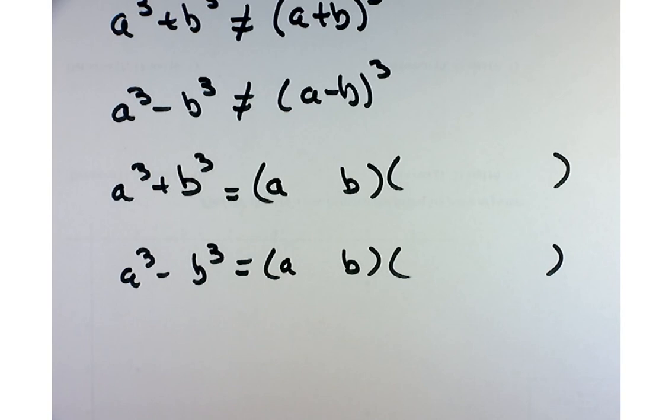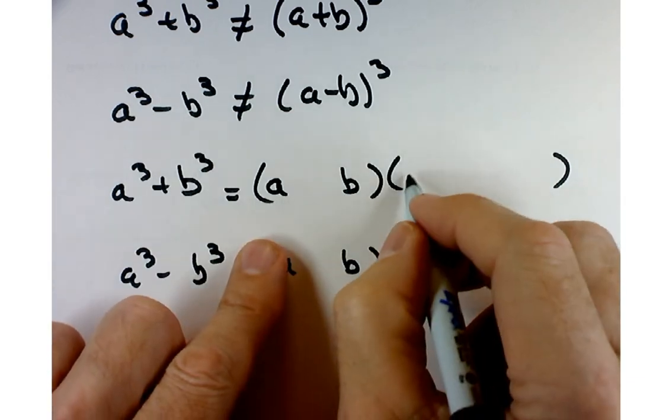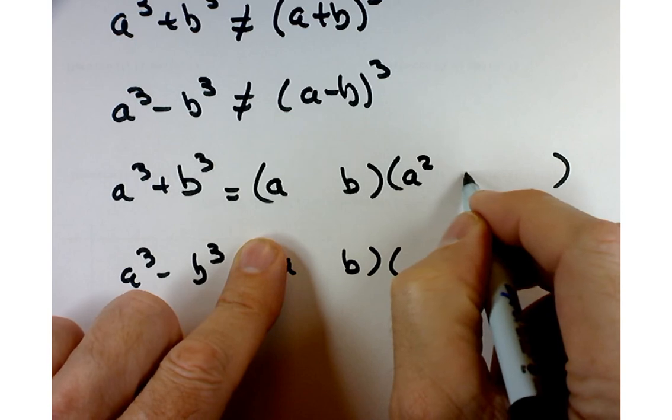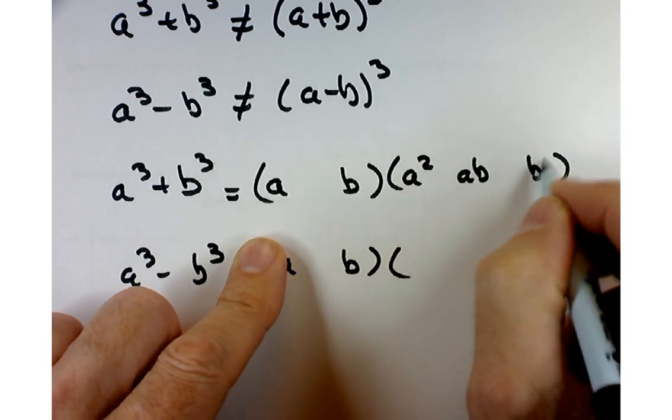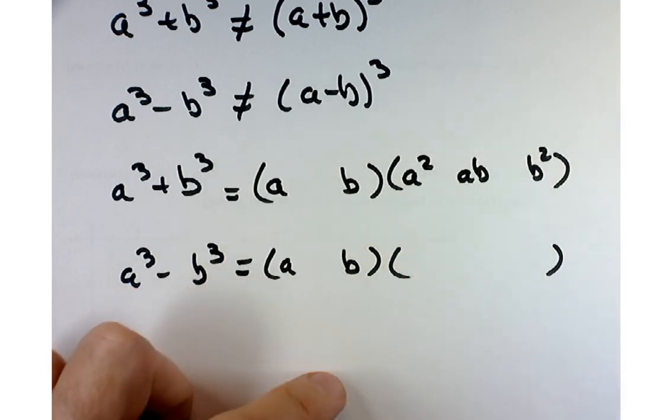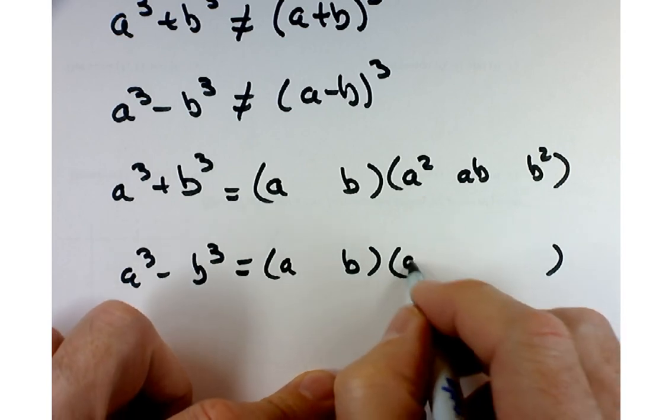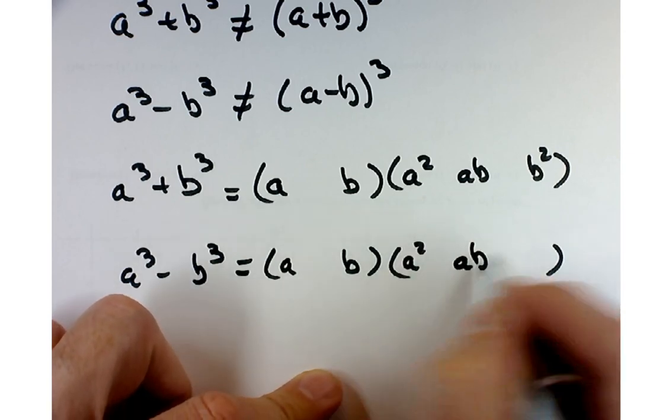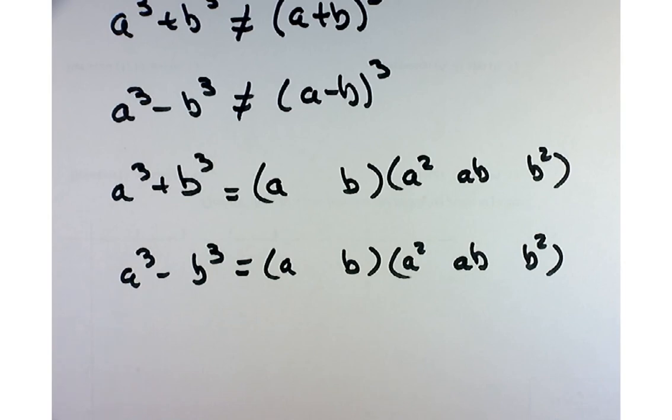That's because you've got a binomial times a trinomial. 2 terms times 3 terms. So what are those 3 terms? A squared, AB, and B squared. And down here, A squared, AB, and B squared.